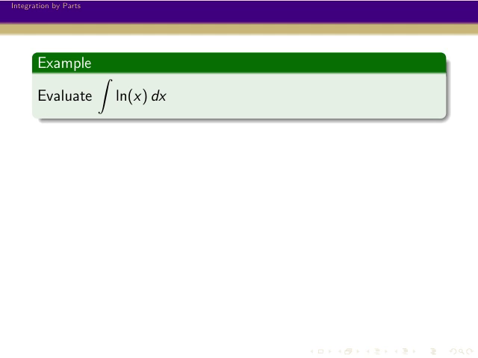And so ln of x, that's a logarithm, so that's going to be our u. And then for the dv, well, dv is just going to be everything that's left. Well, if u is ln of x, what's left? Just dx. Right? So natural log is going to be our u, and dx is going to be our dv.